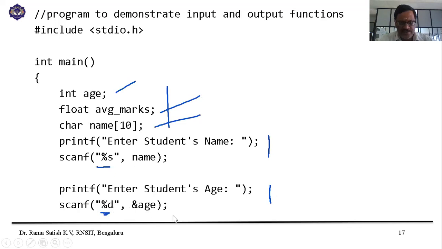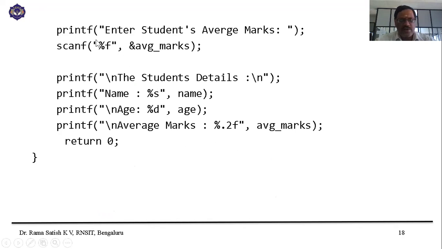After reading name and age, you are reading the marks. Marks is a floating number.